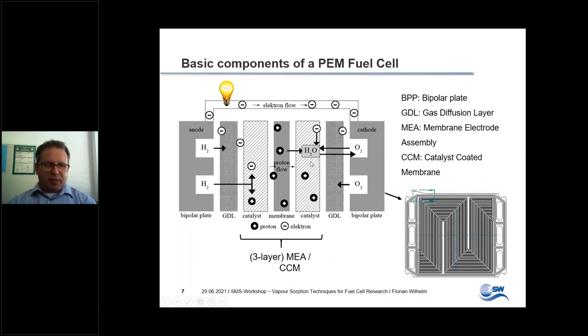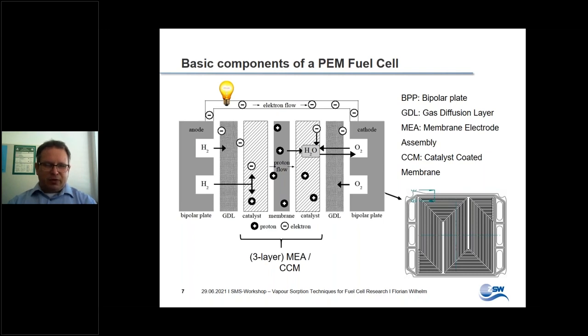This reaction takes place again combining the electrons into the molecule, and so the electrical circuit is also closed here. The water is then transported via the gas diffusion layers and the channels to the outlet of the cell.